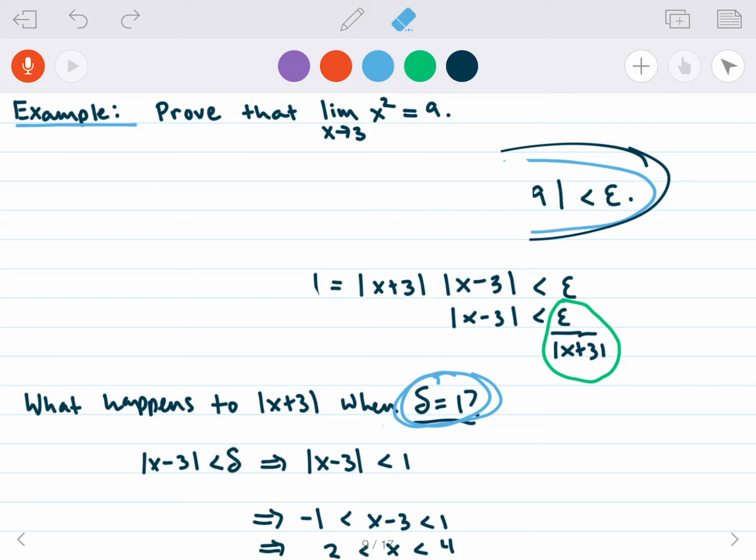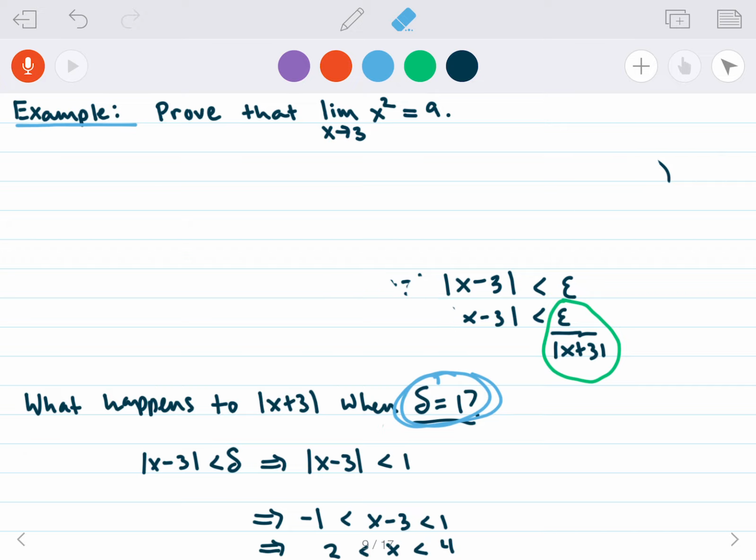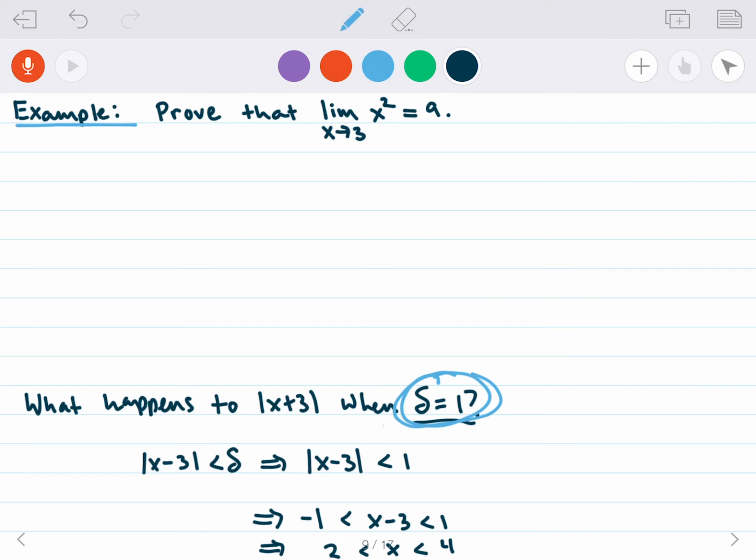And you do have to think about this for a second. I mean, you should think about why everything I'm saying is true. So here's the actual proof. We're going to let epsilon be bigger than 0 be given.